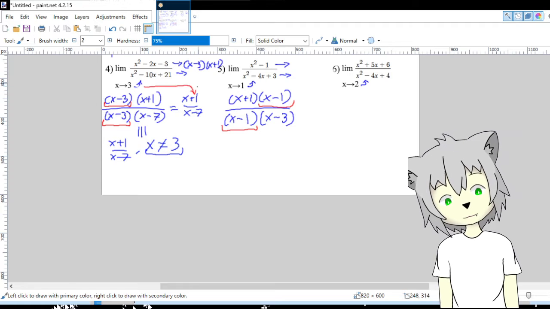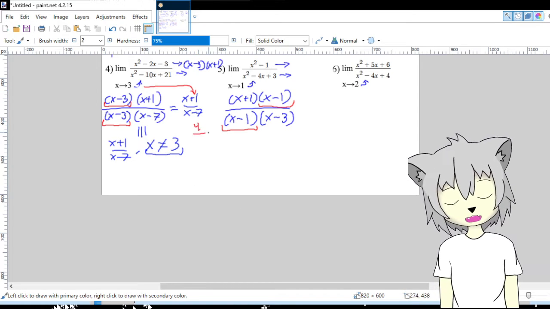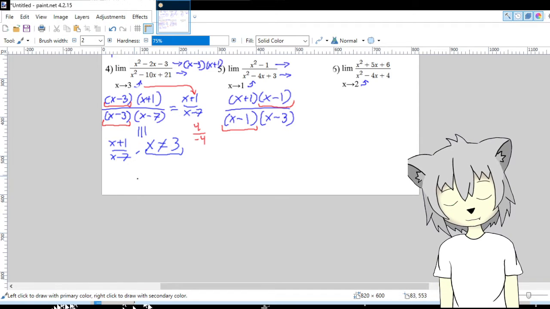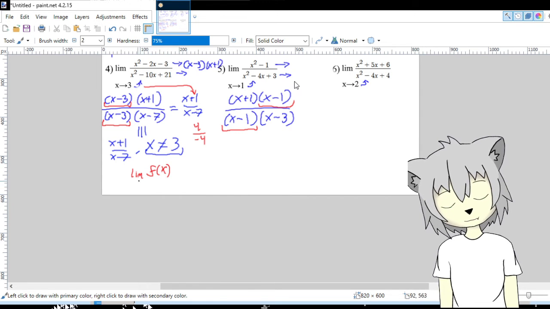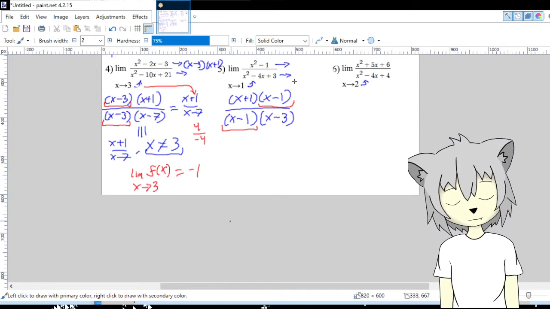Just plug 3 into here, and then you get 4 over negative 4, right? So the limit of f of x, where x equals that entire thing as x approaches 3, is equal to negative 1.